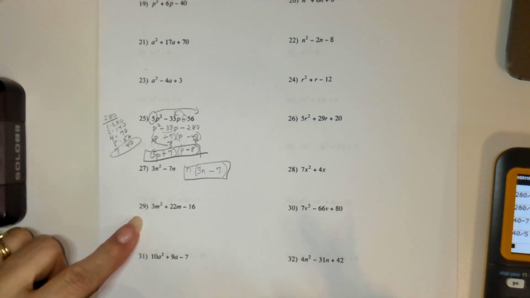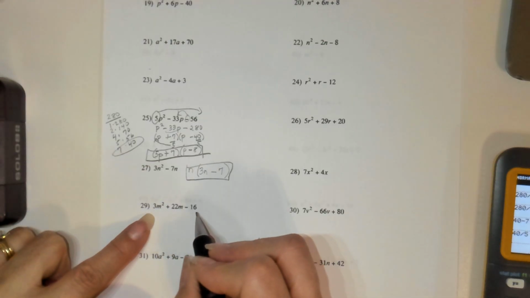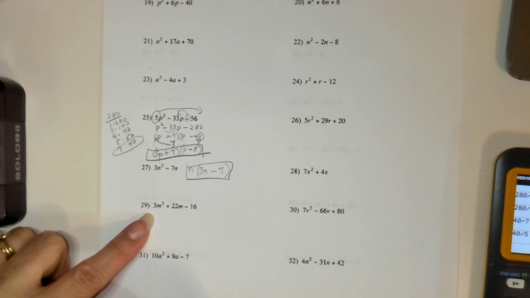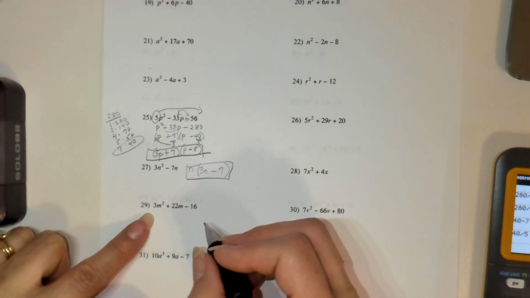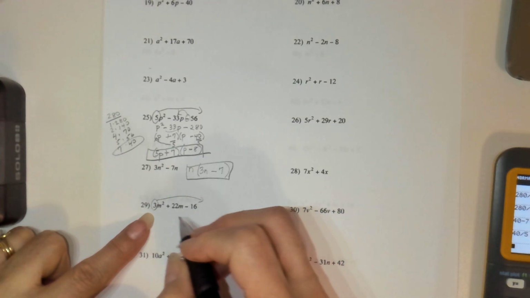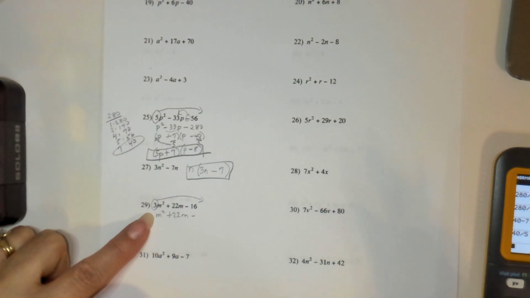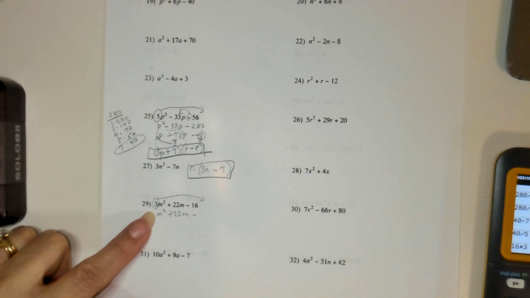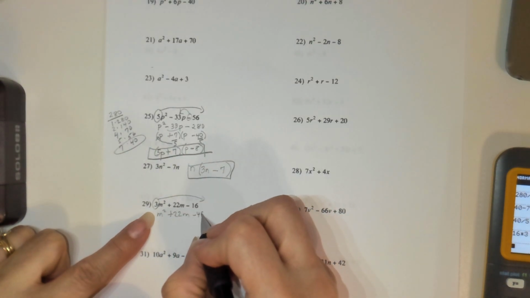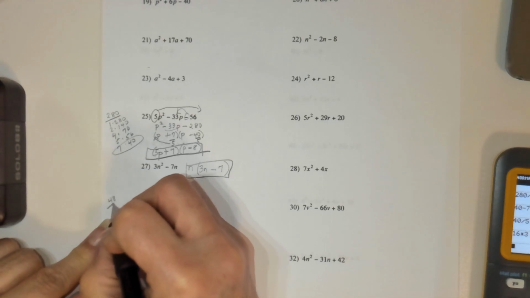Look at 29. There's no GCF in this one. And I would multiply the 3 to the back and trick the math problem just for a moment. I would write the factors of 48.